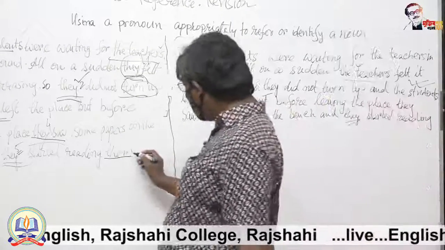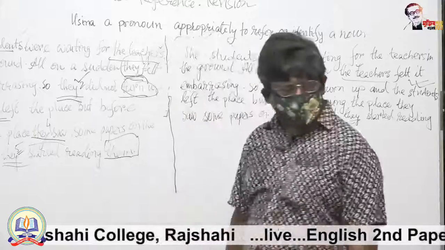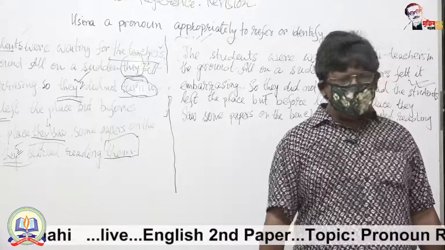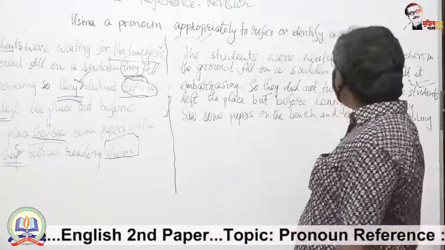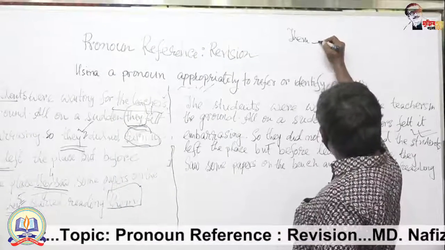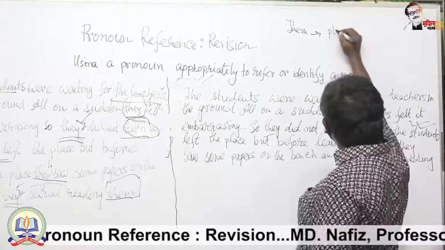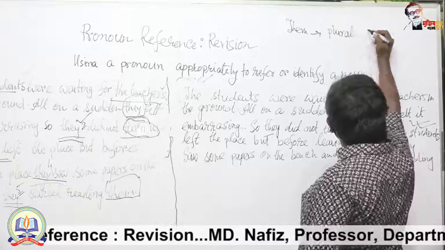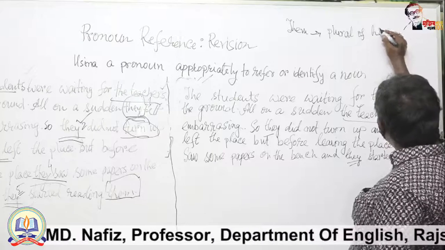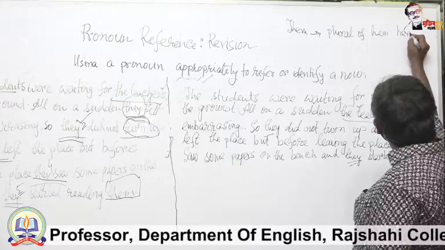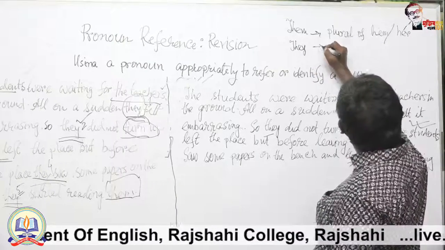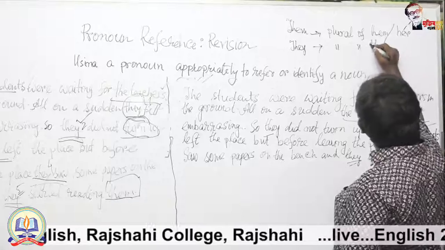Well, this them, in a very innocent eye, you may think that them has been used properly, but you see, them is the plural form of him or her, as they is the plural of he or she.